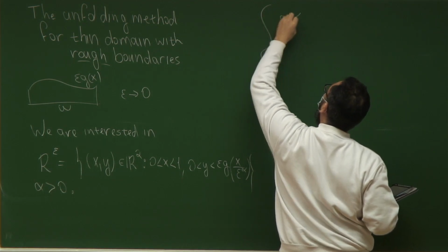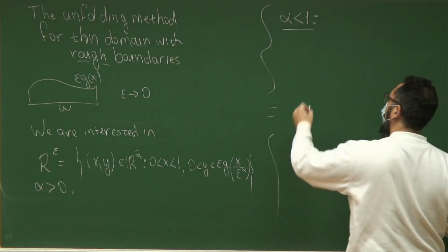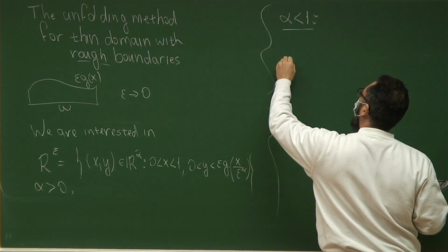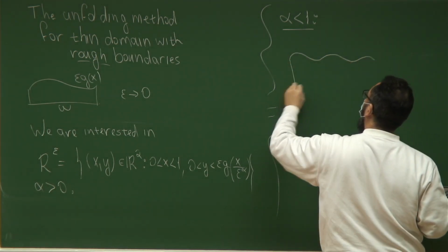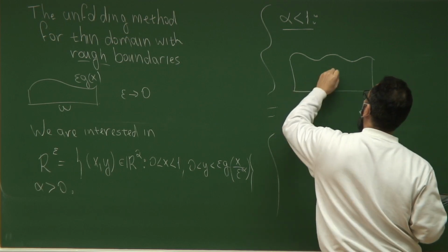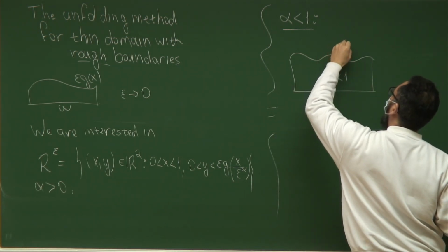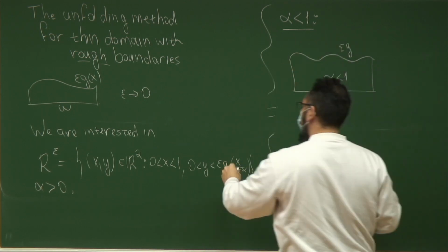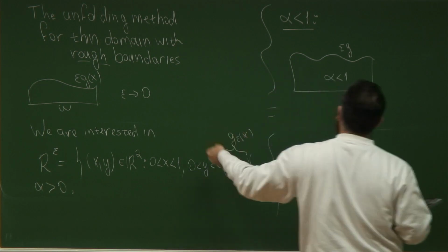So first, if we have this alpha small, let's say, we will have something more like this. So alpha will be, and let me call it g epsilon of x.